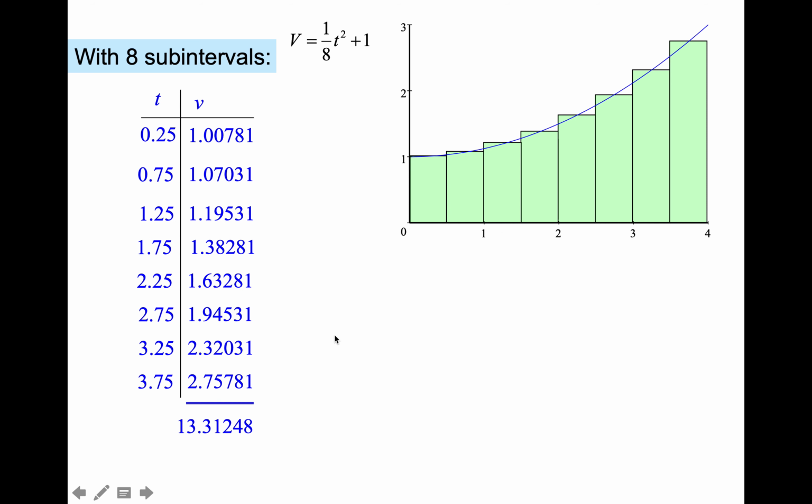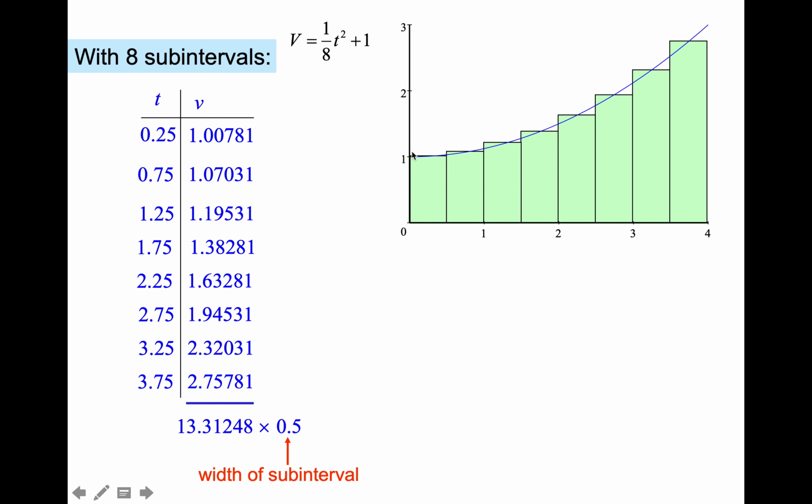When you do that and then add up all those areas, now those represent all the heights of the rectangles. Well, to find the area, you multiply the height times the width of the rectangle. So you actually have to multiply by 0.5 because the width of the rectangle is 0.5.